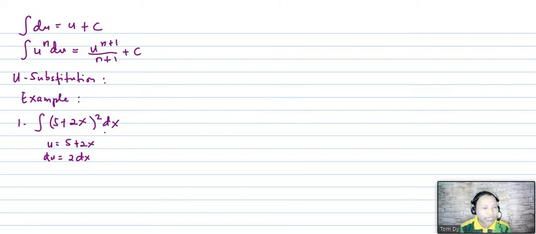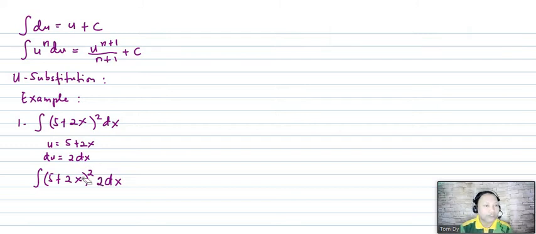Since this is dx, I will now rewrite this one as 5 plus 2x squared. Since this is dx and this one is 2dx, I will copy this one, dx, 2dx.